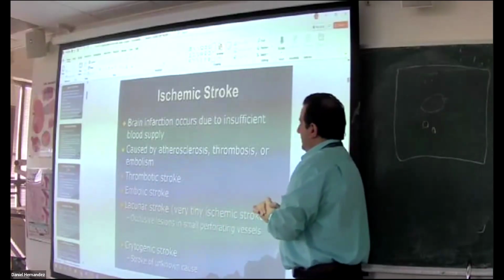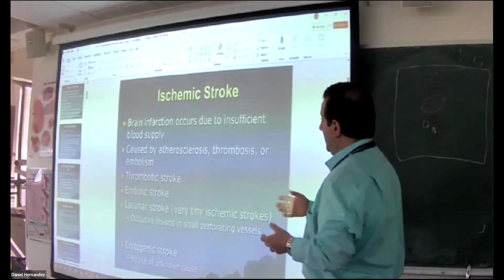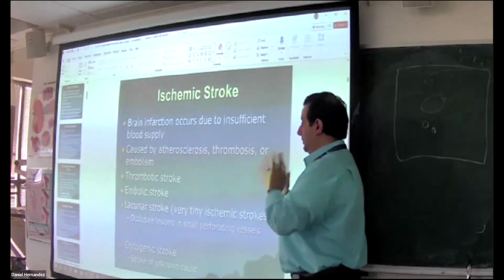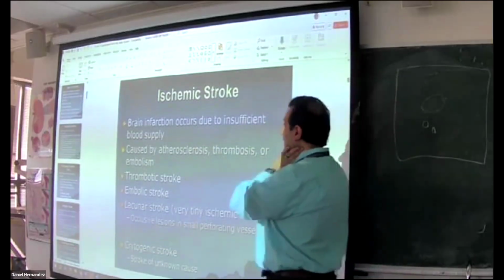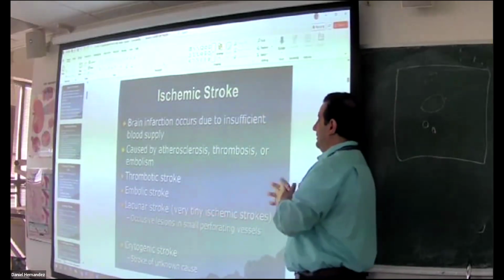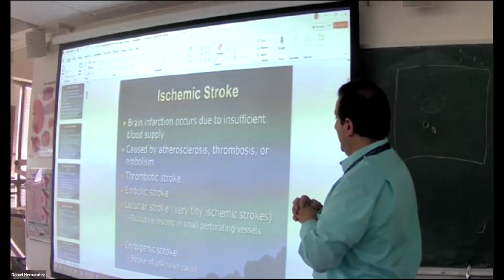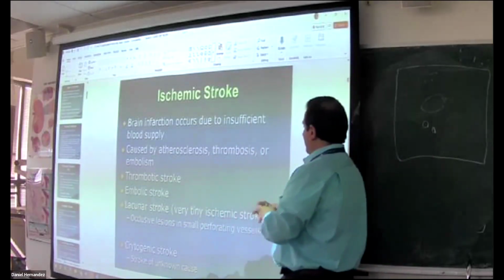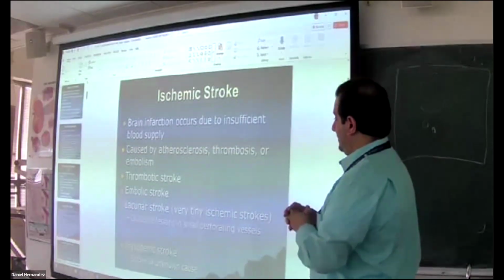So with ischemic stroke, brain infarct or tissue death occurs due to insufficient blood supply. Common causes are atherosclerosis, buildup of those atherosclerotic plaques. Where do we see it? Most of the time in the bulb of the CCA and the bifurcation into the ICA. It could also be due to thrombosis of the vessel or embolism. So we can have emboli lodging in or blocking the vessels.